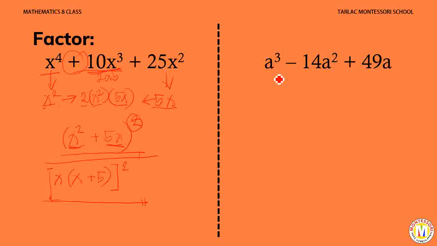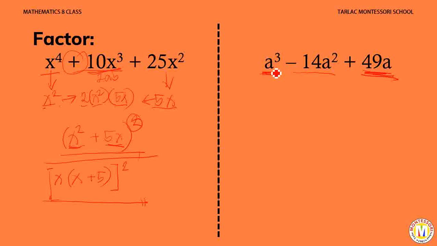Next example, a raised to 3 minus 14a squared plus 49a. Now, as you can observe here, a raised to 3 is not a perfect squared number. 49a as well is not a perfect squared number.